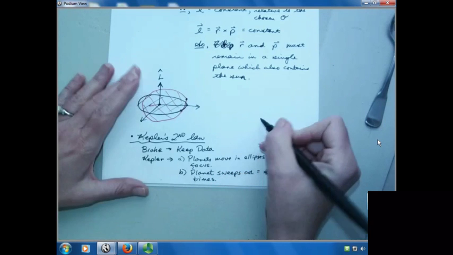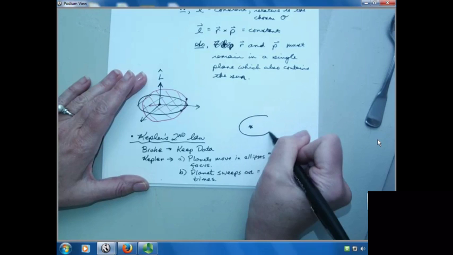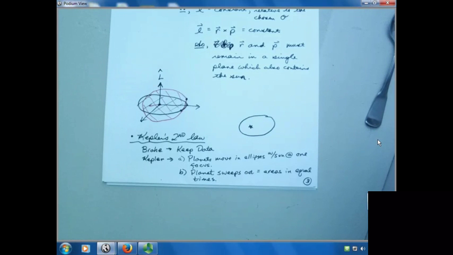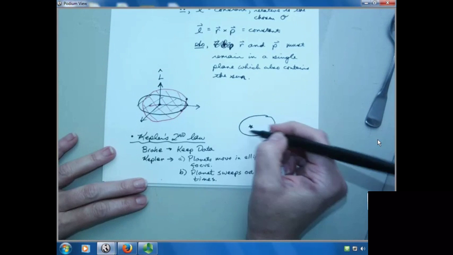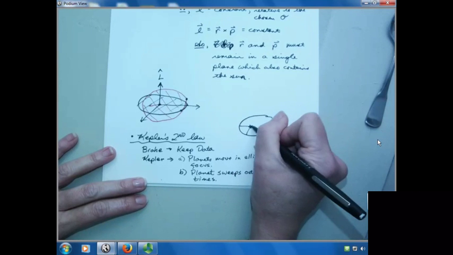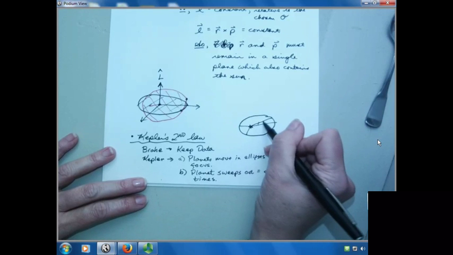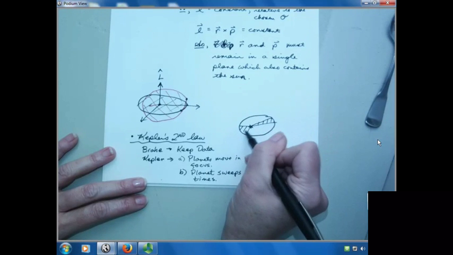And this is interesting because, if here's the sun, and now we've got these planets traveling these elliptical orbits, you can imagine that they're moving faster when they're closer. They're sort of winging around the corner, so that in some amount of time, maybe they sweep out that area there, and in the same amount of time, they sweep out that area there. And these two areas, if those are equal times, would be equal.